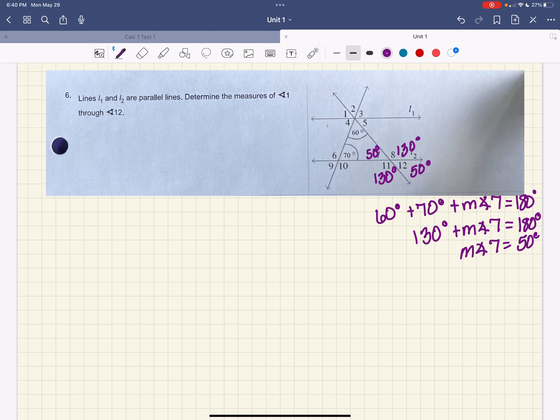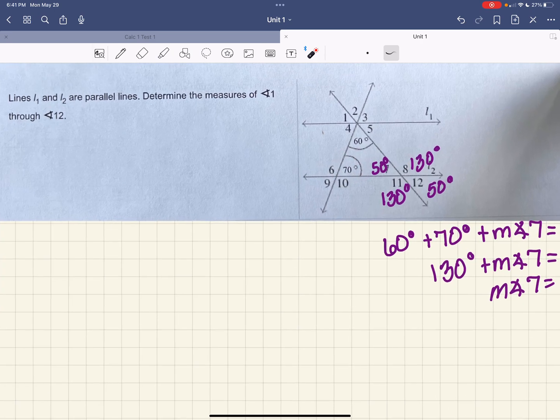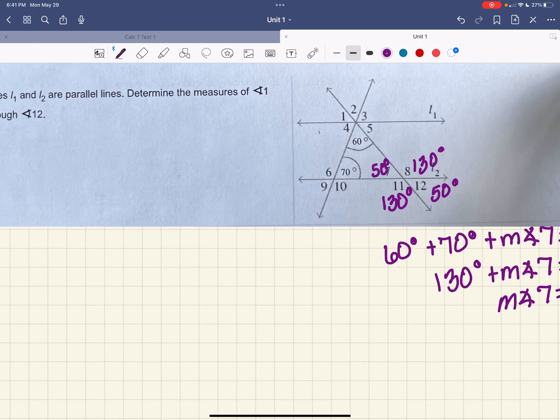We can do the same thing in each of our other parts. Let's look at this one right here. We've got 70 degrees right here, so the measurement of angle 9 is also going to be 70 degrees. Then we can look at this line, and we've got 70 degrees plus angle 6 equal to 180 degrees because they are supplemental angles.